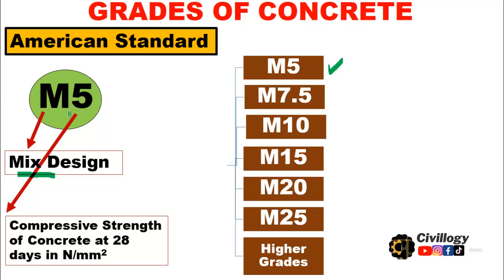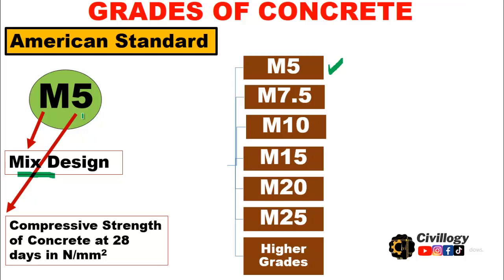So M5 means M is for mix design, that is the ratio of concrete, which could be 1:2:4, 1:4, anything. And 5 means its strength in Newton per millimeter square.